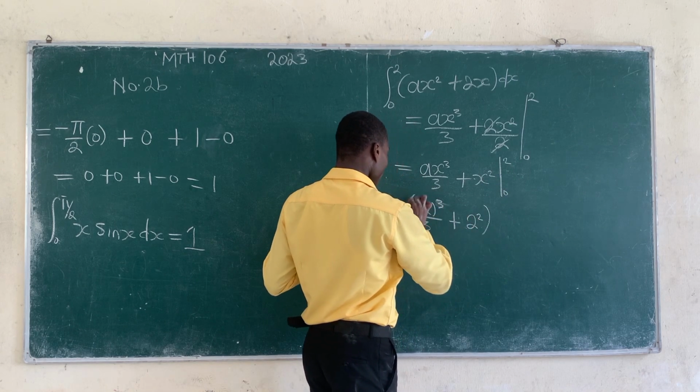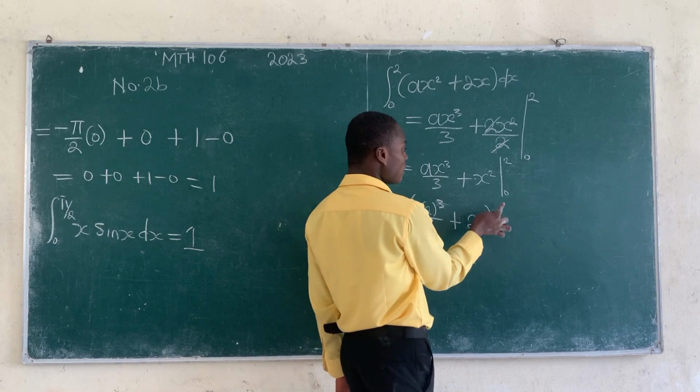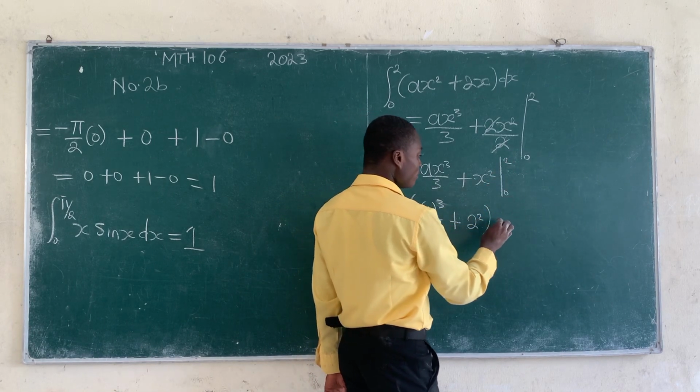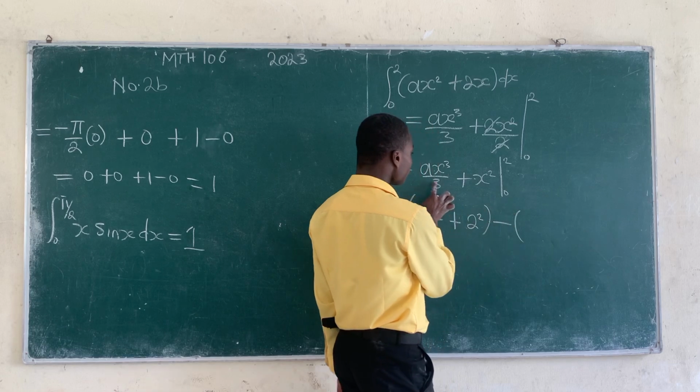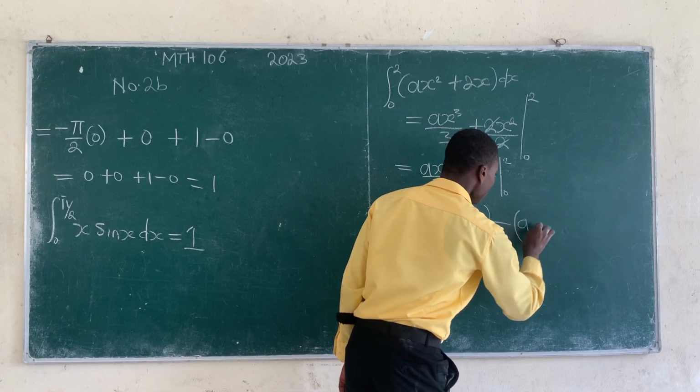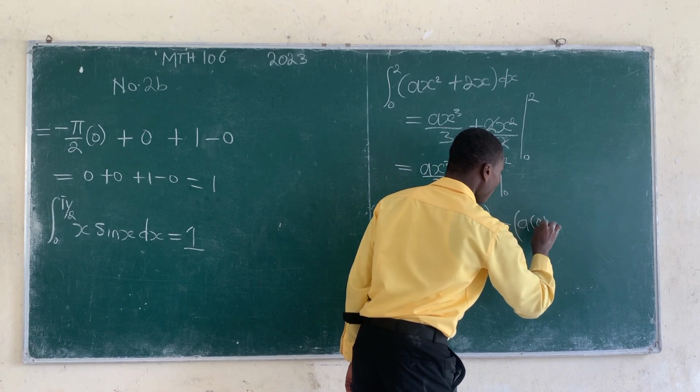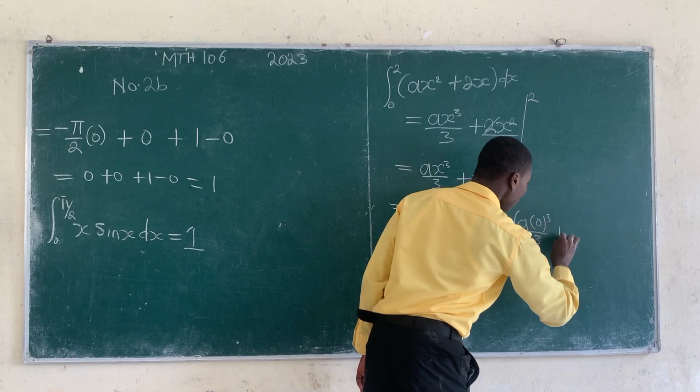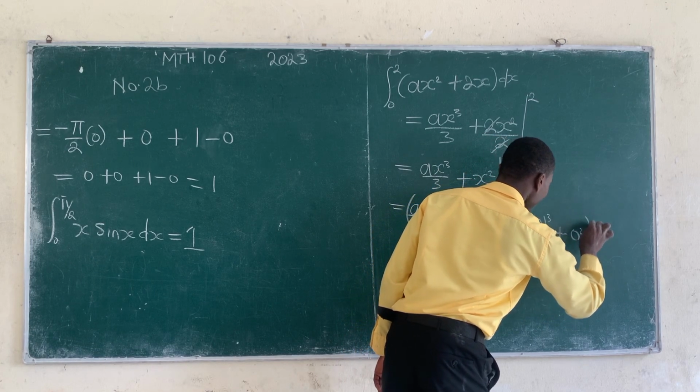All these have to be in brackets. Then also we said that going from 2 to 0 is minus. Then in place of x, you substitute 0. A into 0 to the power of 3 over 3 plus 0 squared.